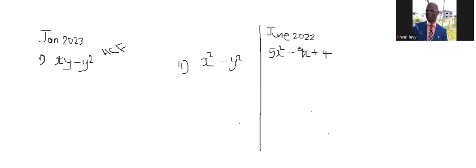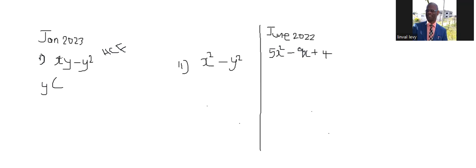You're correct, y is common to both terms. So the highest common factor of xy and y squared would be y. These are the two terms that we have.